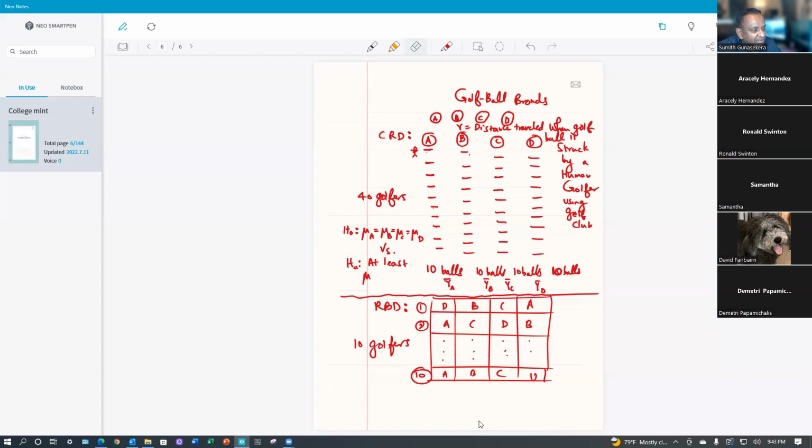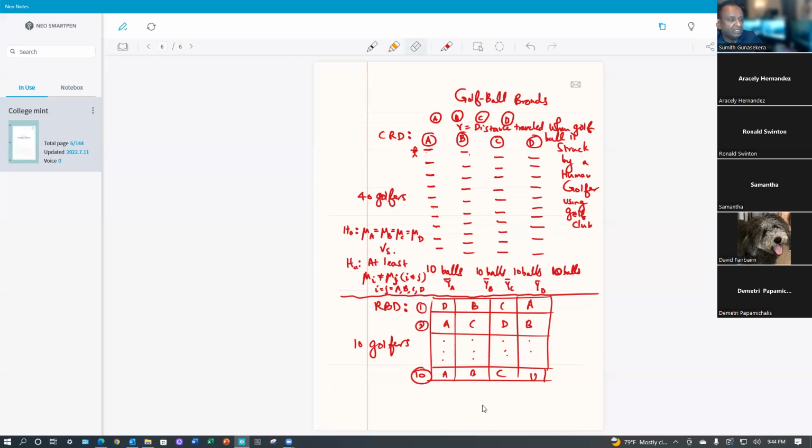Mu i not equal to mu j, where i and j can each be A or B or C or D, with i not equal to j. At least two of them are not going to be the same. We don't know which two.